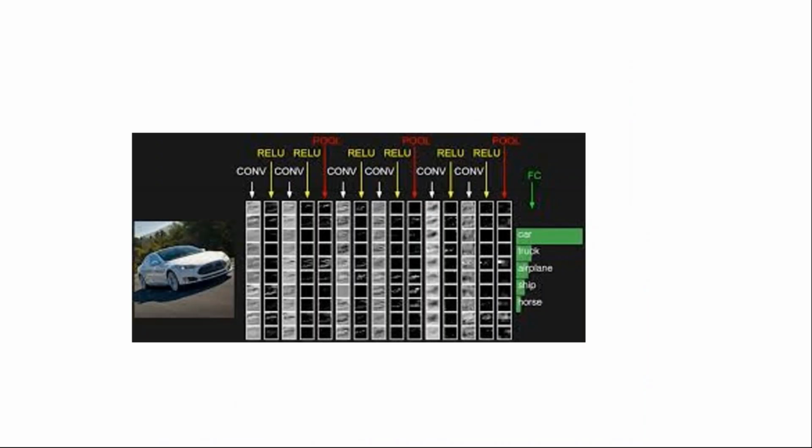And also one more example of what it will do. If you give any image as an input, this particular network should say what that image is, whether it is a car, a truck, a plane, a sheep or a horse. How is it going to happen? With the help of the convolutional neural network.